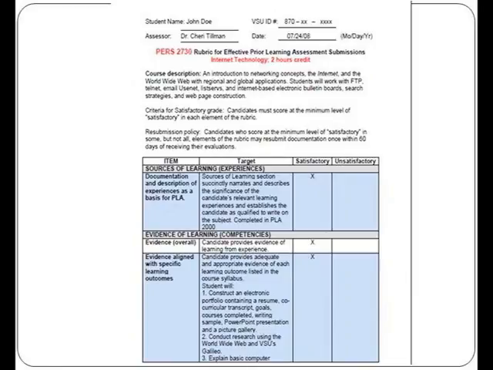This particular one, you'll see the specifics related to that Internet Technology course, and the way those are scored, each section of the rubric has the unsatisfactory as the far right-hand side and the satisfactory as the immediate inside option for the way the scoring is going to occur.